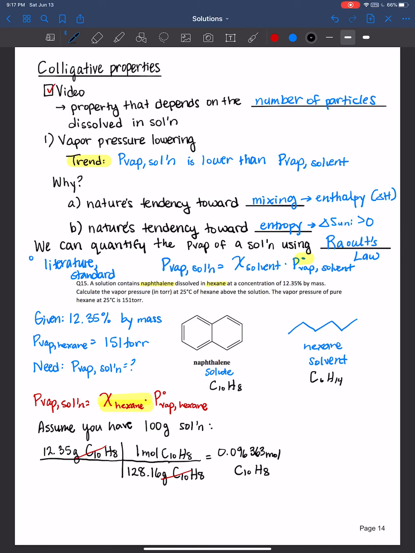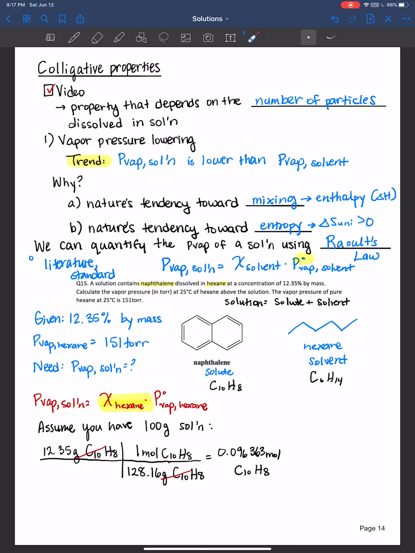We also have to figure out the moles of the solvent, right? Because we can't just figure out moles of solution, since there are two different things in there. Remember that the solution is always composed of your solute plus your solvent. We assumed we have 100 grams of solution, and we know we have 12.35 grams of naphthalene.